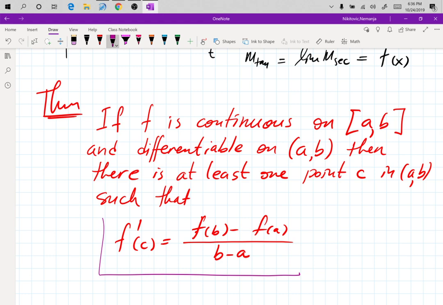This is our formula for the mean value theorem, and as you can see, it is the formula which connects the world of instantaneous, which is the derivative, with the world of average, which is the slope.